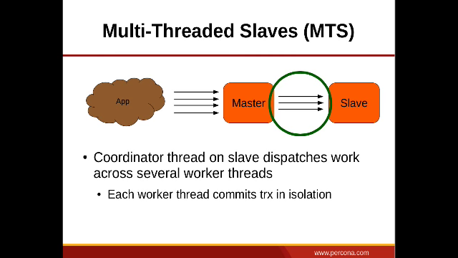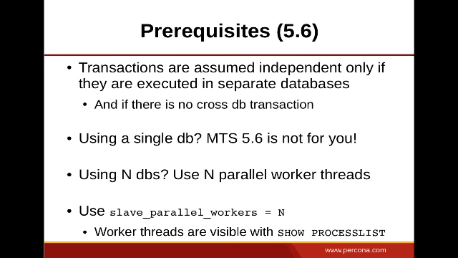So first, let's look at the prerequisites. In 5.6, the idea is that we will use one worker thread per database. So we suppose in 5.6 that if you want to use multi-threaded replication, you must have several databases.